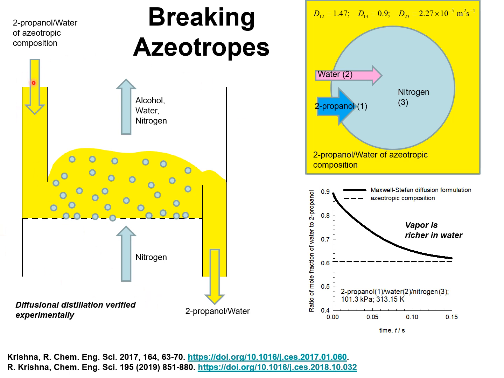The liquid entering the tray is a 2-propanol water mixture of azeotropic composition. The tray is well mixed, and we bubble the tray with pure nitrogen that enters at the bottom.